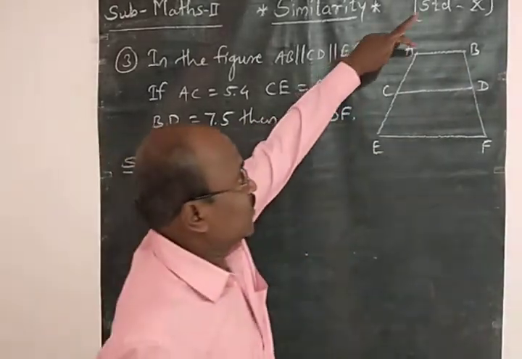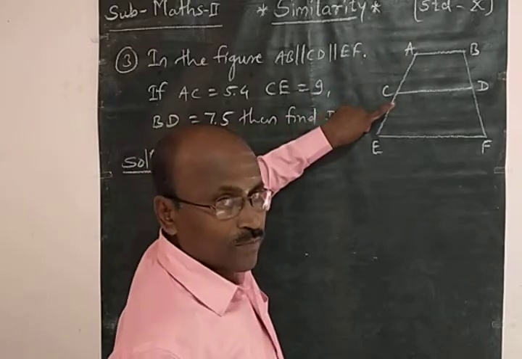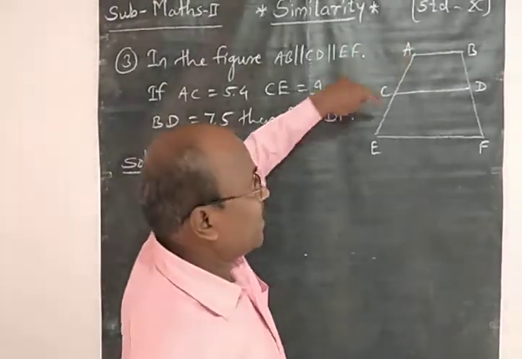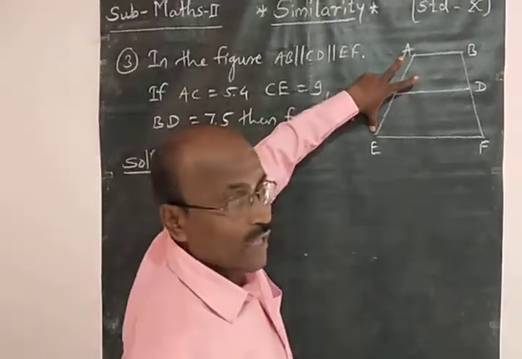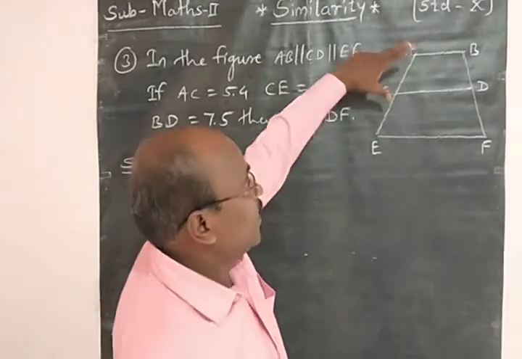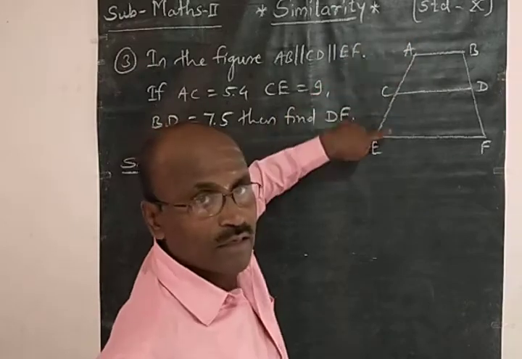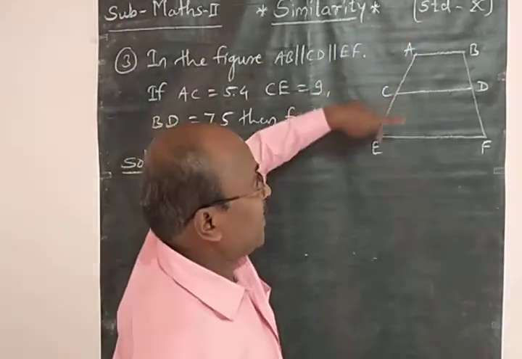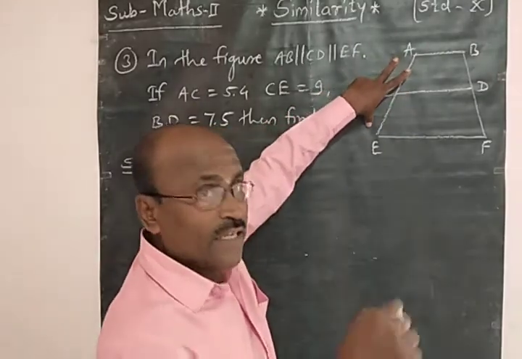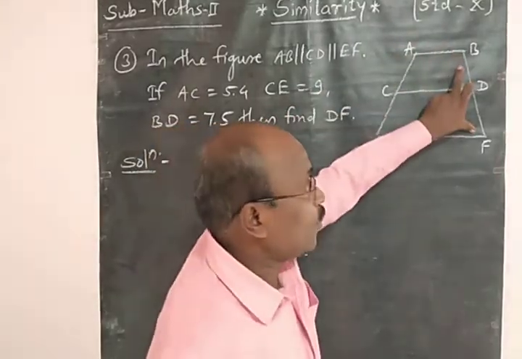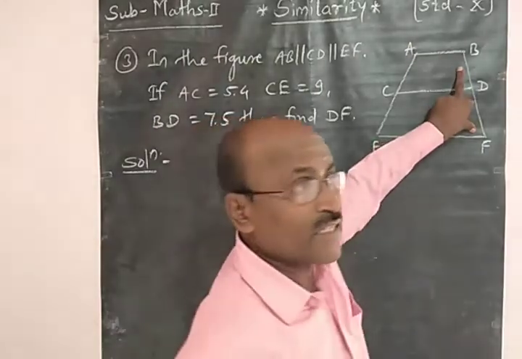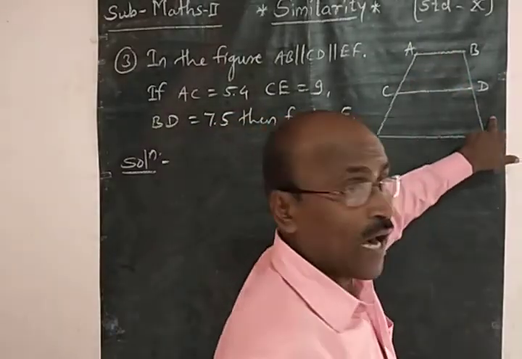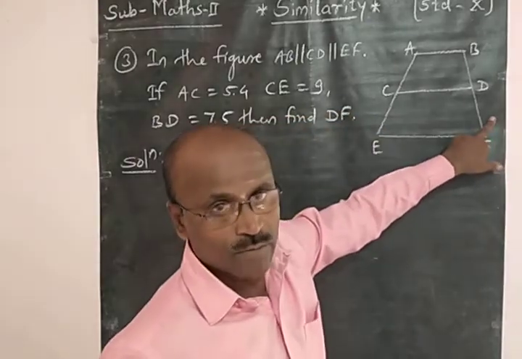If three lines are parallel, then the ratio of the intercepts made by three parallel lines on any transversal is equal to the ratio of the corresponding intercepts made by the same parallel lines on the other transversal.